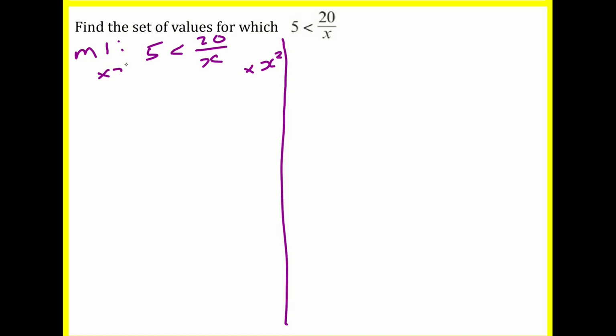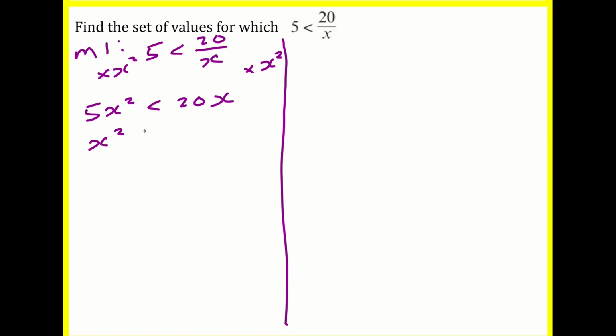It might seem a little bit strange to times by x squared, but it will guarantee that this is positive, and therefore I can write down that 5x squared is going to be less than 20x. I've times through by x squared, so the 20x squared is cancelled with the x partially. And now I've got it into something that was a little bit like before.